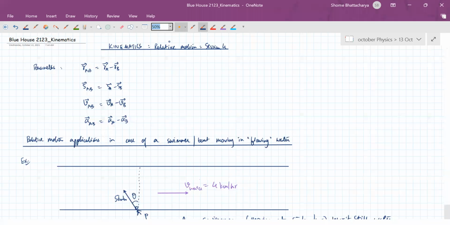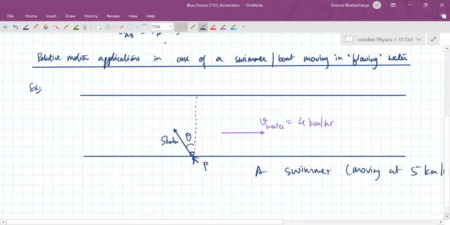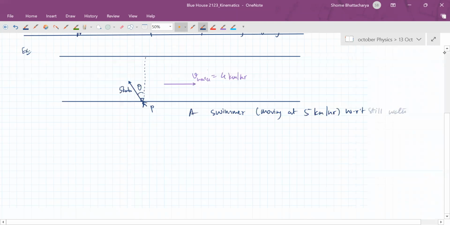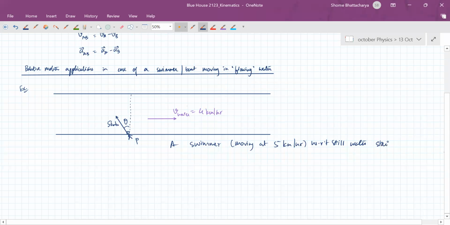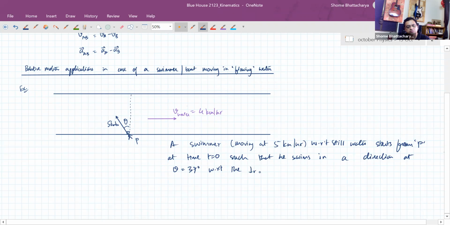Such that his relative velocity starts from point P at time t equal to 0, such that he swims in a direction at theta equal to 37 degrees with respect to the perpendicular to the flow.